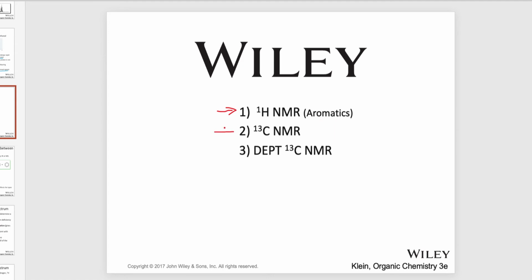Then we're going to move on to carbon-13, and the good news about carbon-13 is that many of the things we learn about the chemical shift apply to carbon-13 in a similar fashion, just on a broader scale, because for proton, most of the signals will be in the range of 12 to 0. But when we're looking at carbon-13, we're dealing with 250 ppm to 0 ppm.